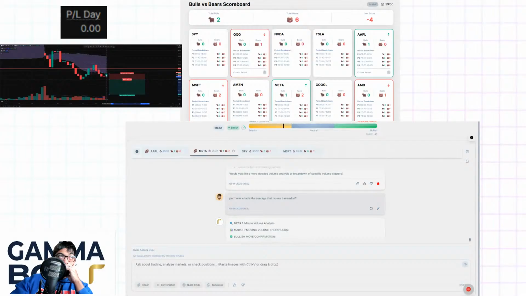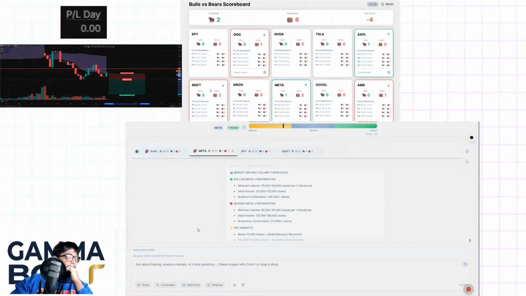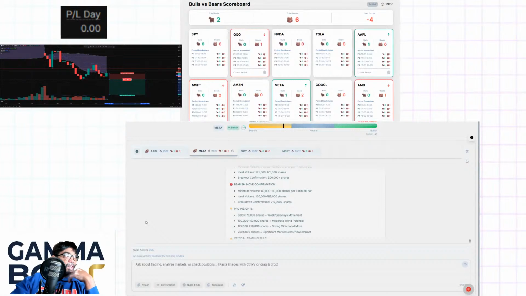Let's see. Minimum volume, ideal volume 125 to 175,000. Breakout confirmation 200,000. So there really isn't anything right now giving me any good signal. Anything below 70,000 is trading sideways, which it is right now. Moderate trend potential.